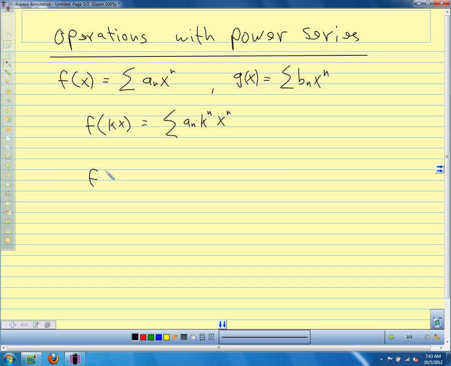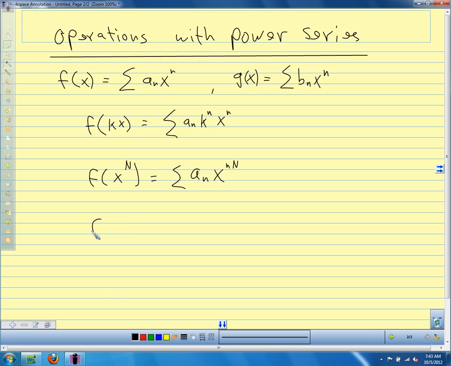F of x to the N power is the sum of a sub n, x to the n times N. So again, we're just substituting x to the N in for x into our series.